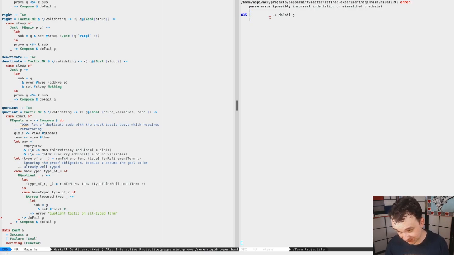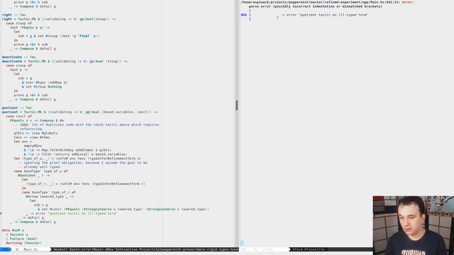and the conclusion now becomes, and we can state it, b equals strongly coerce u lowered type, strongly coerce v lowered type. Yes, in prove G K sub.